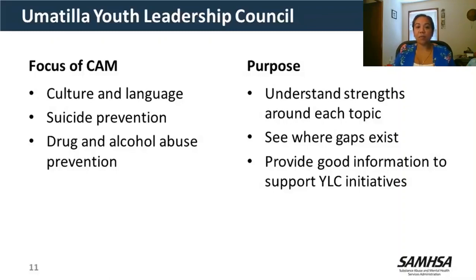The purpose really is to understand all of the strengths that their community has around each of those topics, and then to see if there were some gaps, or something that was missing, and really to provide that good information to support the initiatives that the youth council is coming up with.